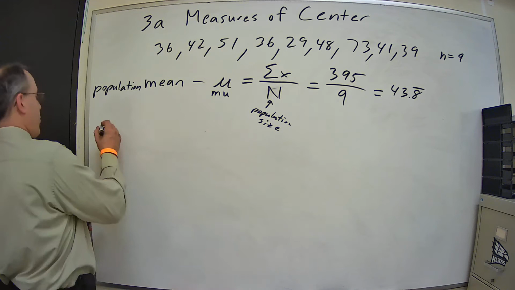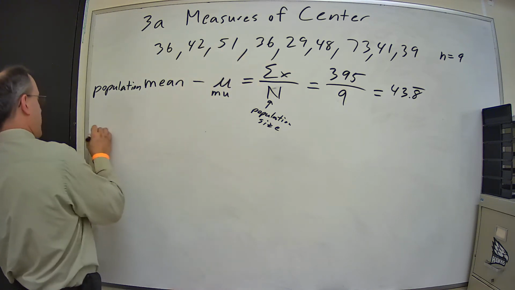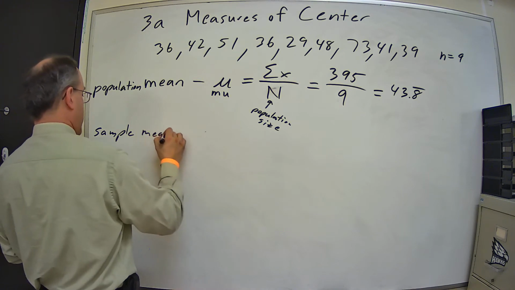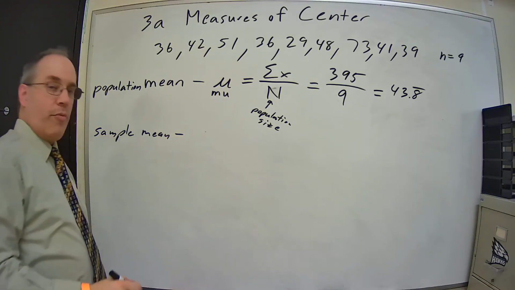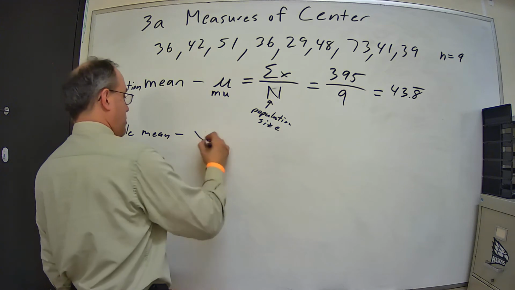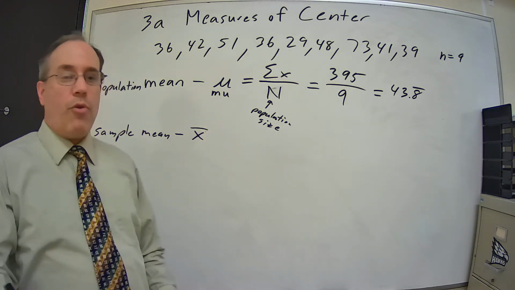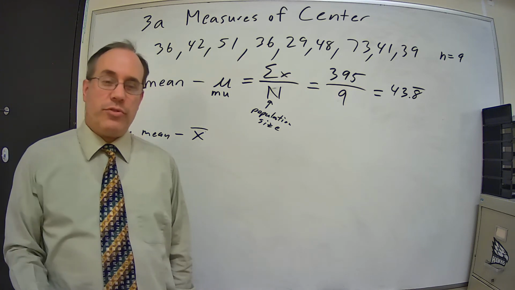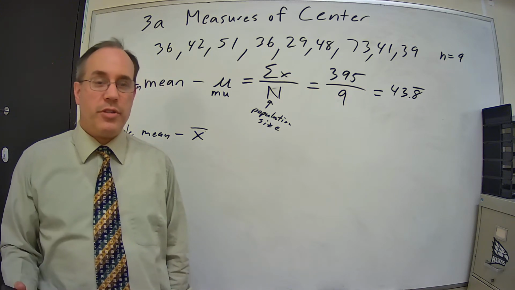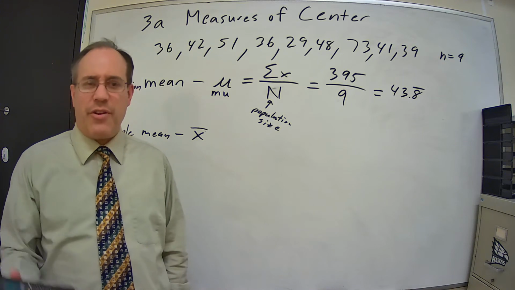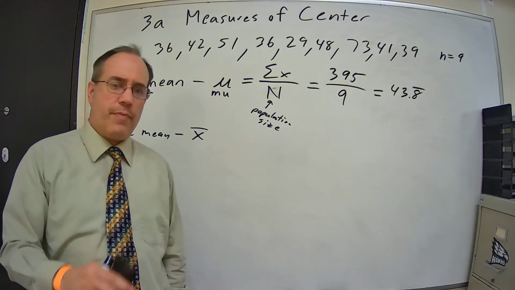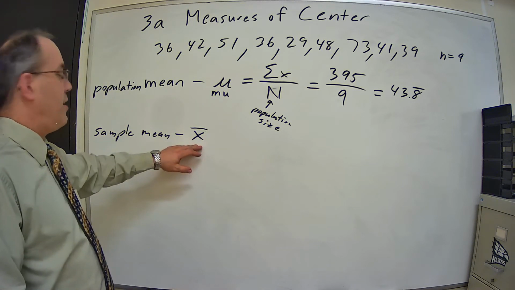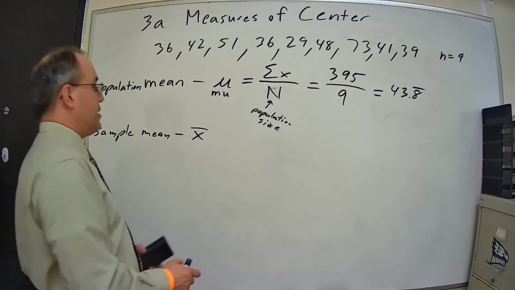Assuming this was a sample, which is actually what it was, things don't change a lot. The sample mean is x bar. Now, in statistics, generally, we use Greek variables for population parameters, and we use Roman letters, our standard alphabet, for sample statistics. So, sample mean is x bar. It's found the same way.